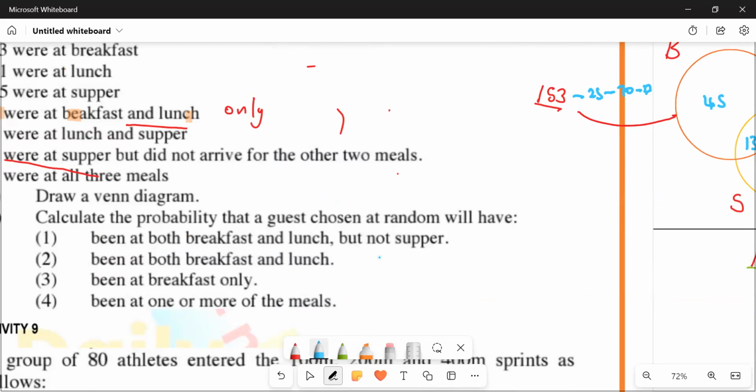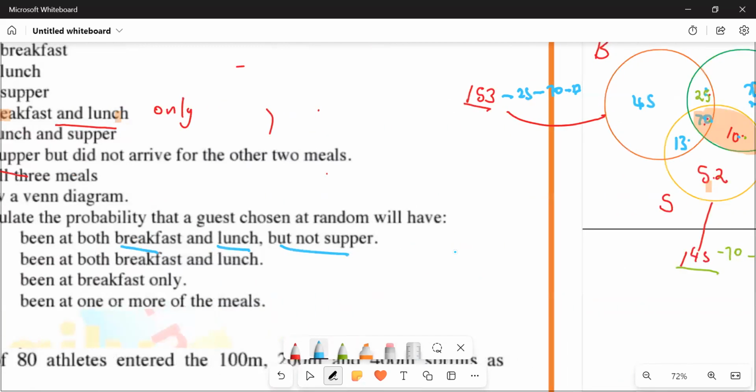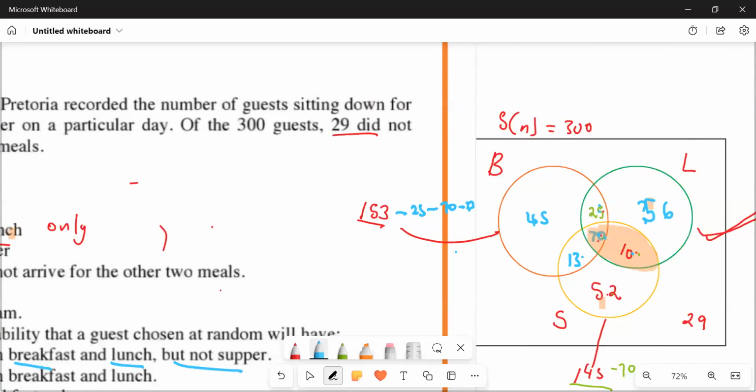Calculate the probability that a guest chosen at random will have been at both breakfast and lunch, but not supper. What are they looking for here? We are looking for someone at breakfast and lunch, but not supper. So let's look at B and L. How many were at B and L but not supper?